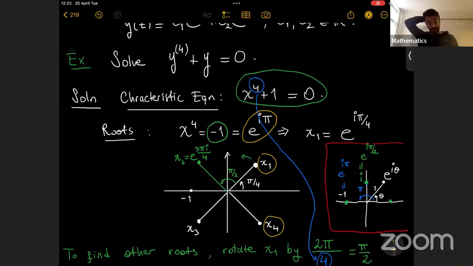The reason is they're not linearly... Let me think about it. No, you can choose any roots you want. You can choose any two roots you want because anyway you will get linearly independent solutions. So you're free to choose any two different eigenvalues to work with.